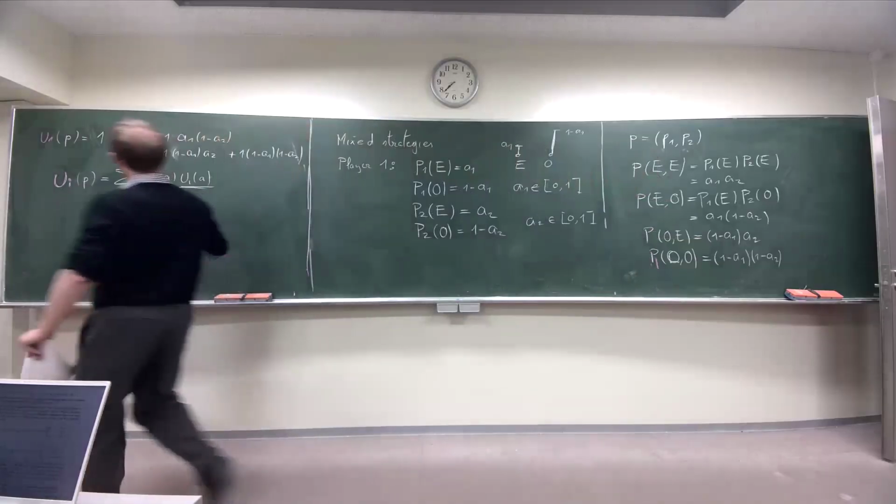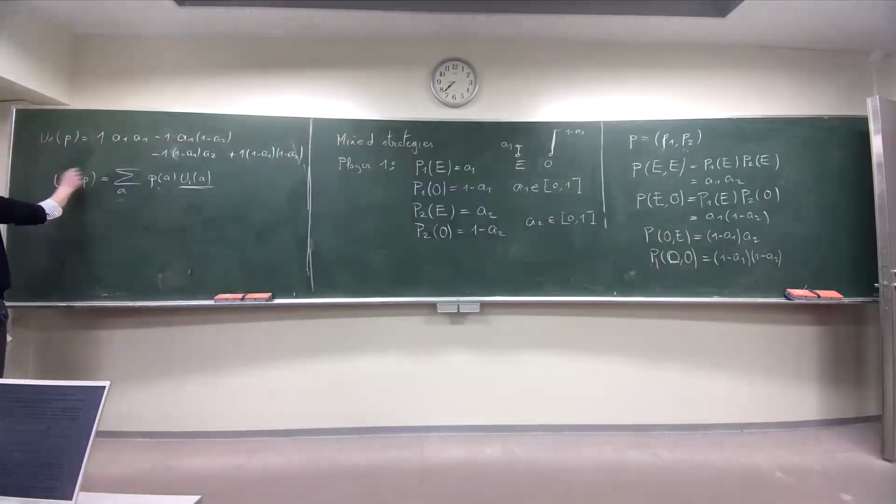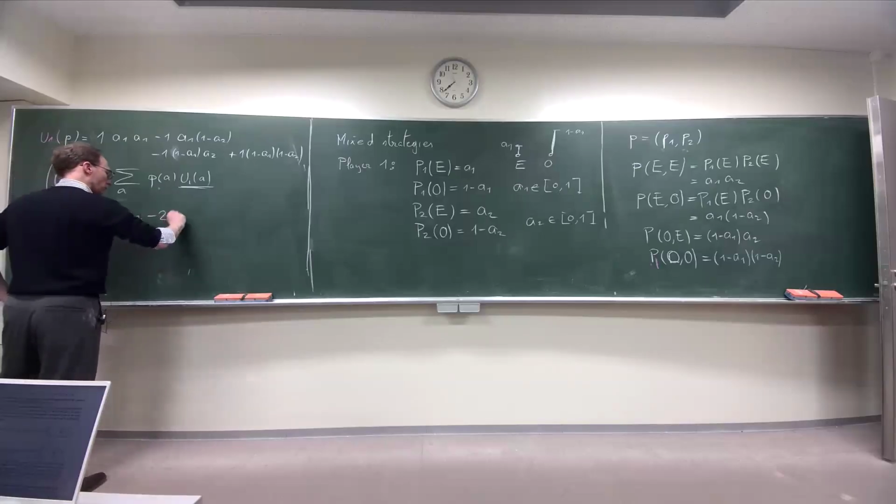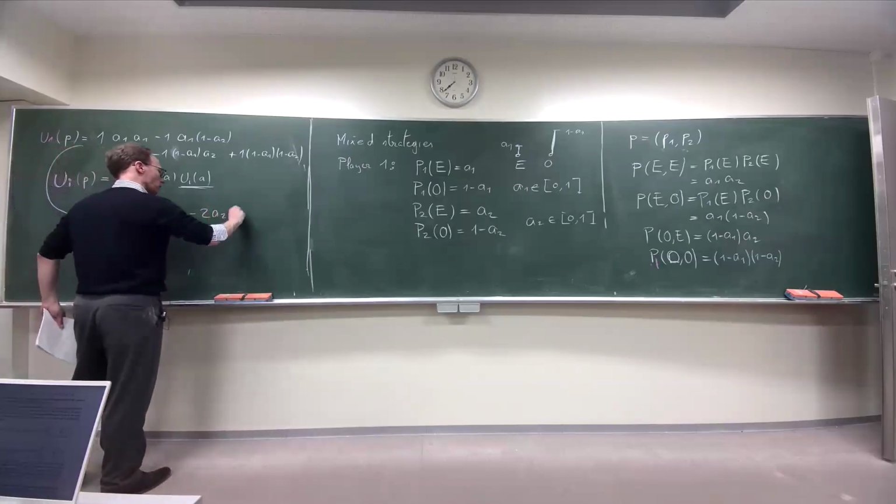This is in a table which is in the notes. So this is a general formula, you can compute this, and I will simplify a little bit. It makes 4 a1 a2 minus 2 a1 minus 2 a2 plus 1.